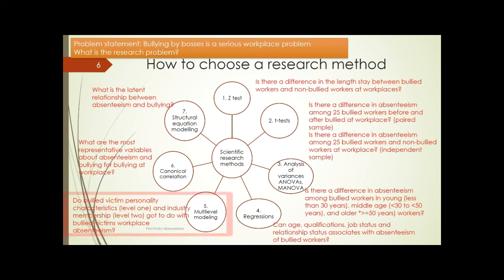Fifth, multi-level modeling. We can ask, do bullied victims' personality characteristics, that is one level, and industry membership, that's another level of analysis, have to do with bullied victims' workplace absenteeism?